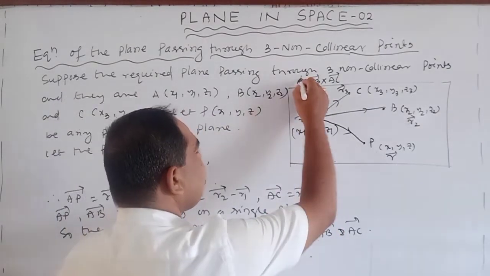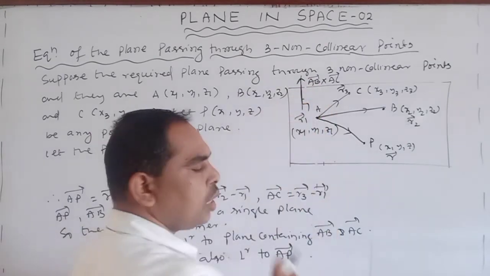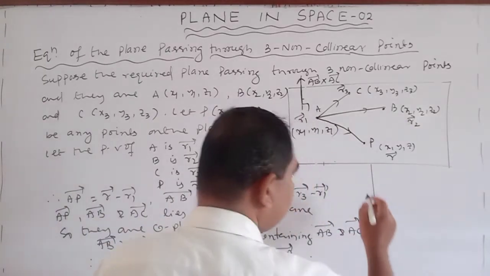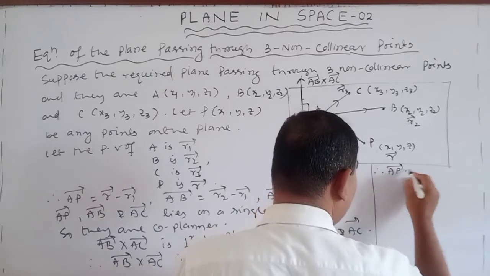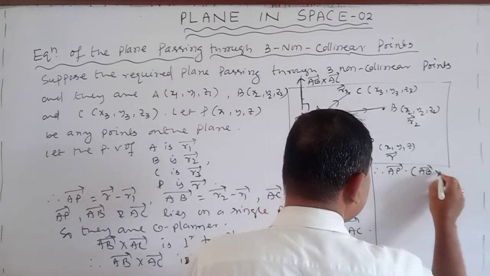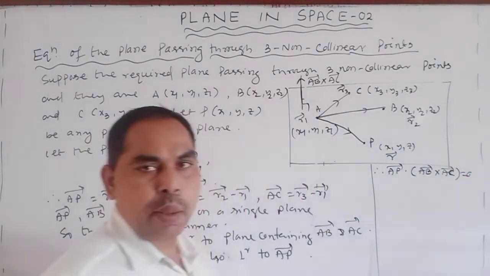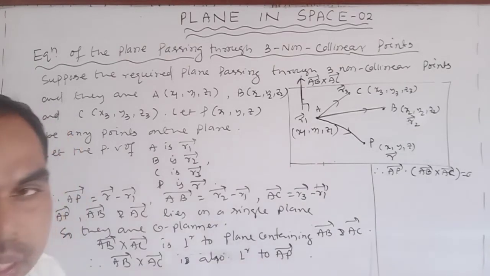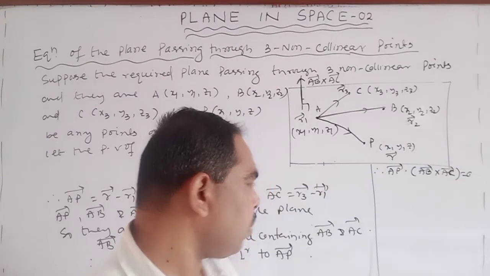AB cross AC perpendicular to the plane. Therefore AP dot AB cross AC is equal to 0. Therefore AP is perpendicular to AB cross AC. Therefore AP dot AB cross AC is equal to 0.